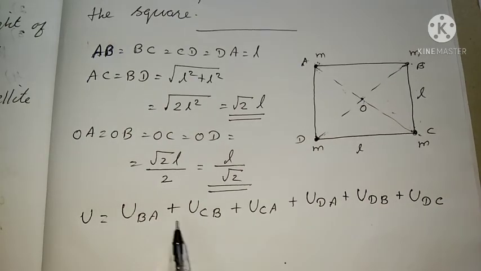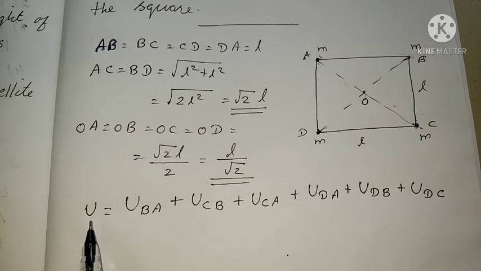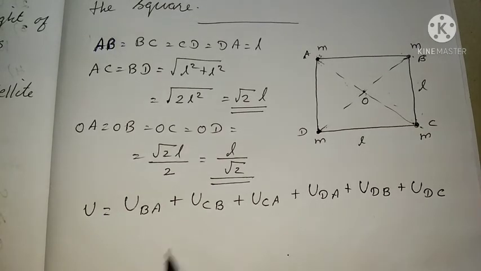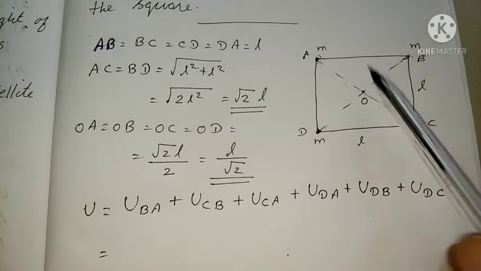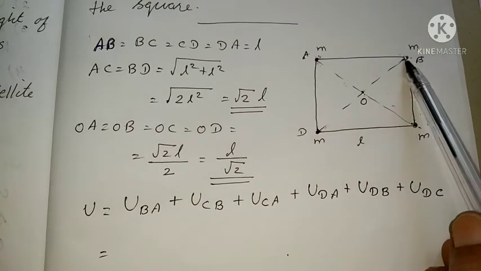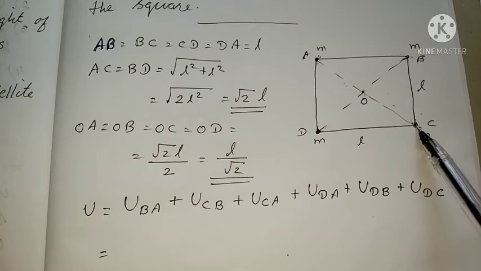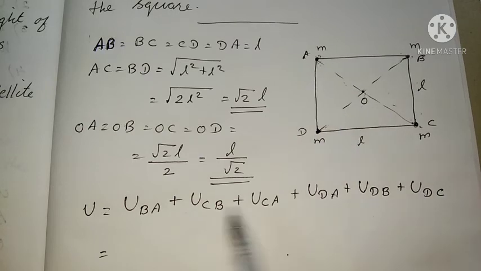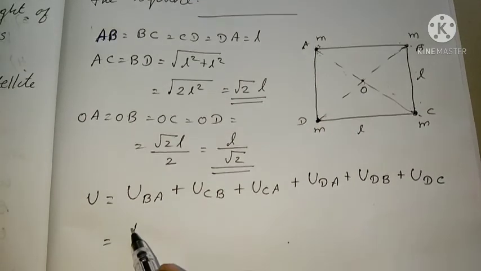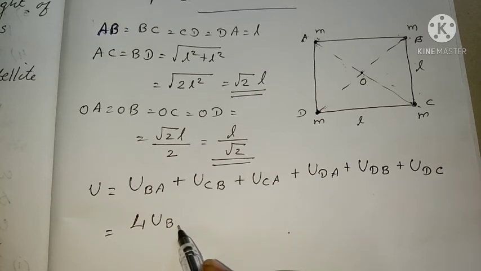Okay. By adding all these potentials, we get the potential energy of the system of particles. Here, the potential energy between B and A, UBA, is equal to UCB, is equal to UCD, is equal to UDA. So we can write 4 UBA.